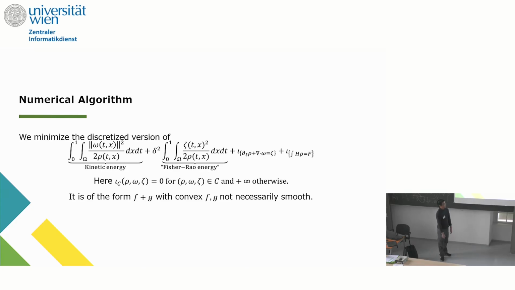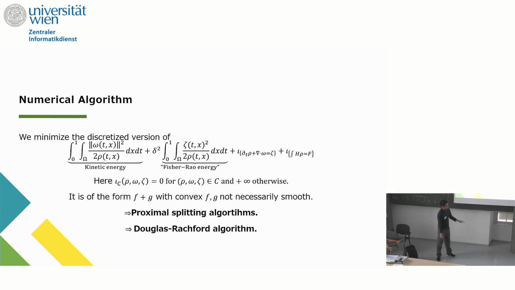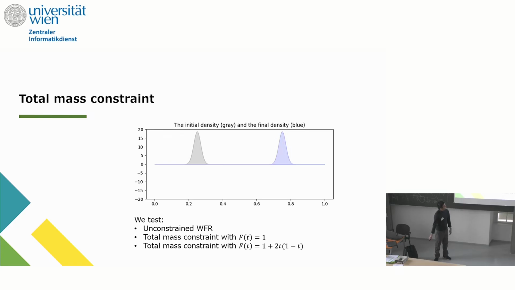What's usually used in this kind of case is the proximal splitting algorithm. There are many proximal splitting algorithms, but especially we will use the Douglas-Rachford algorithm, which was also used in the original Wasserstein-Fisher-Rao paper.